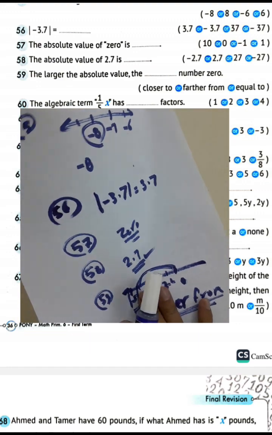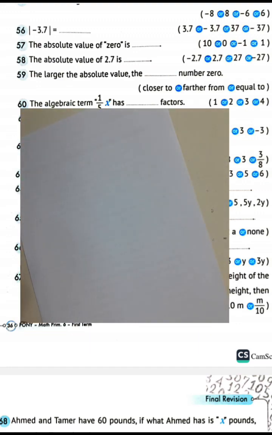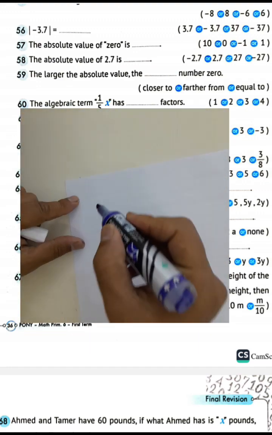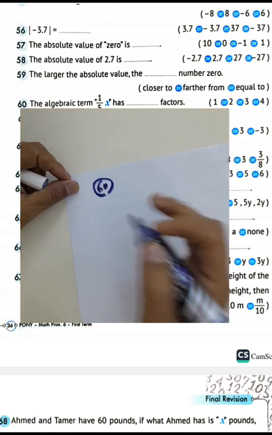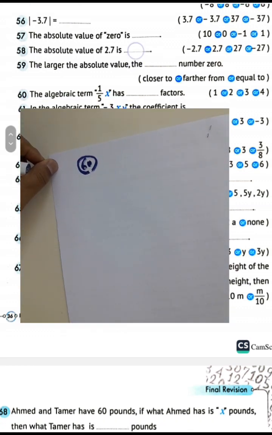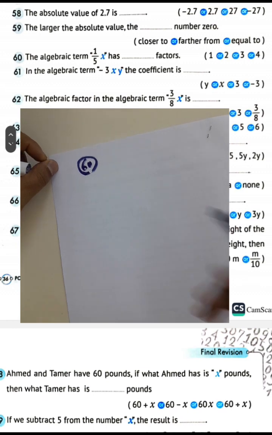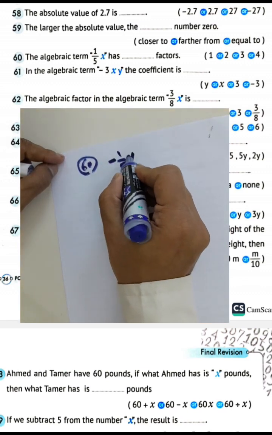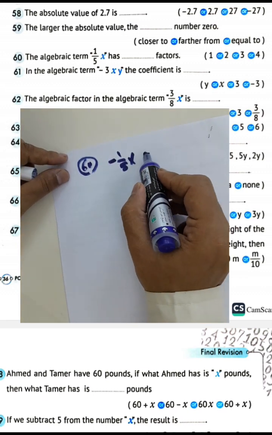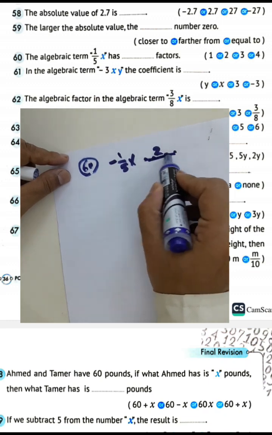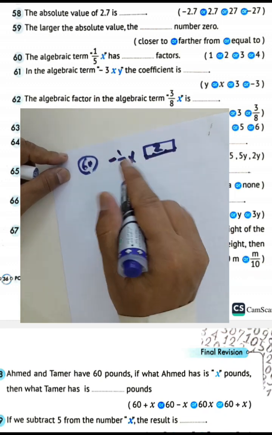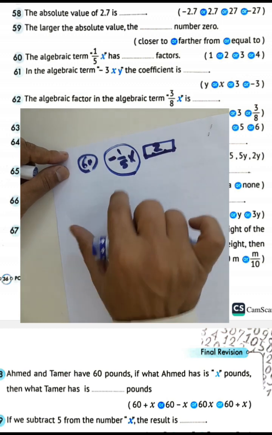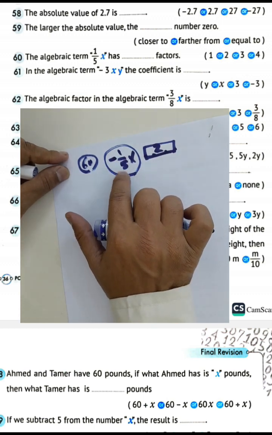Question 60. The algebraic term negative 1 over 5x has two factors. Negative 1 over 5 multiplied by x.